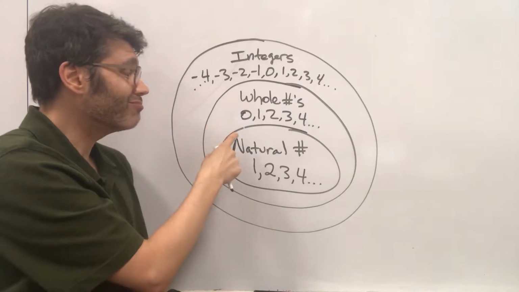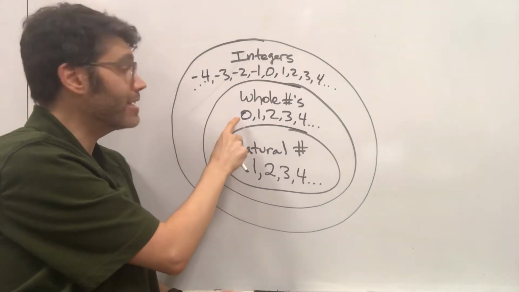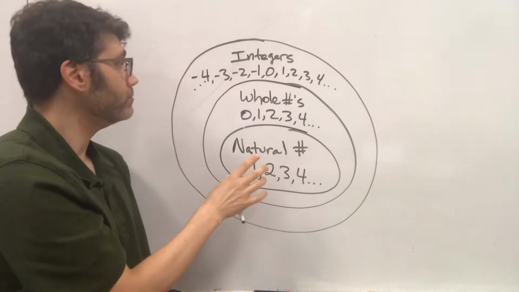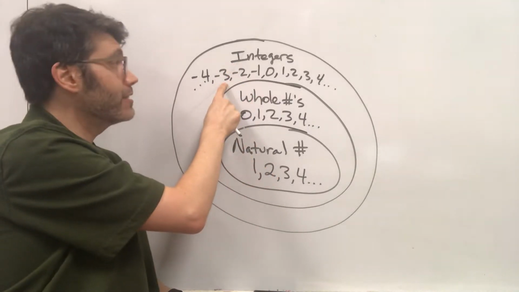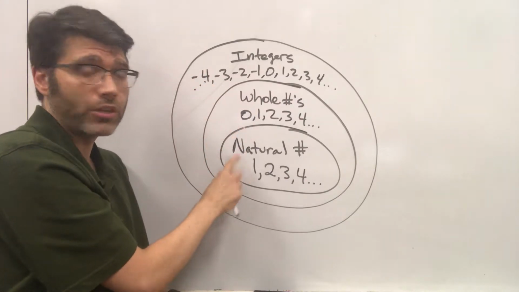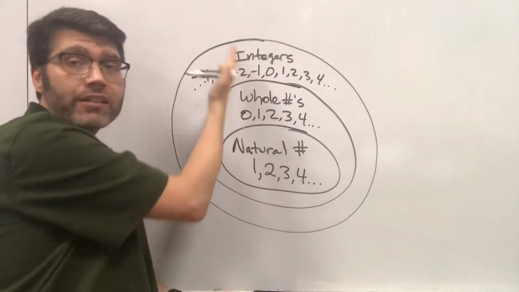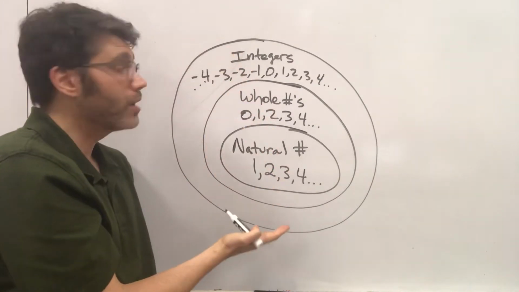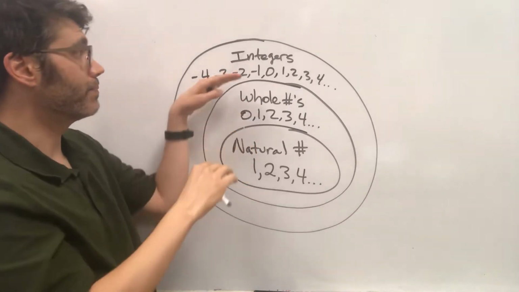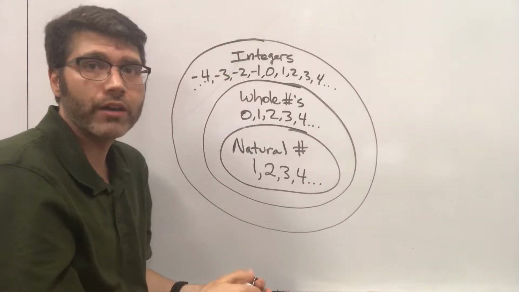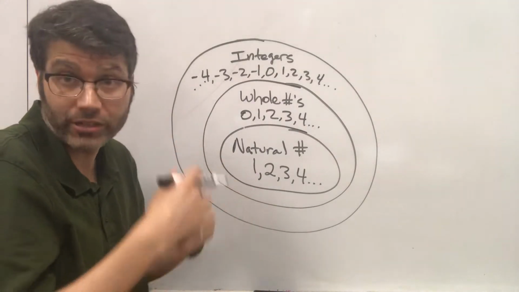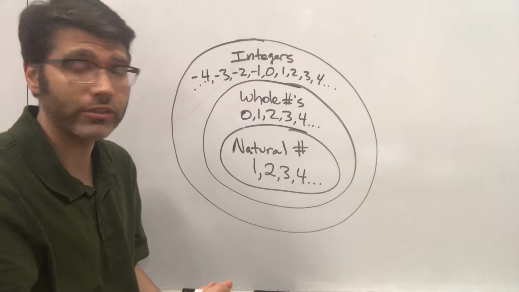However, 0 only has an identity as a whole number and an integer. 0 is not a natural number. -3, for instance, is only an integer. It doesn't count as a whole number or a natural number. So some numbers have a lot of different hats that they wear, but some numbers can only take the most outer part of the categorization of numbers that we're doing.